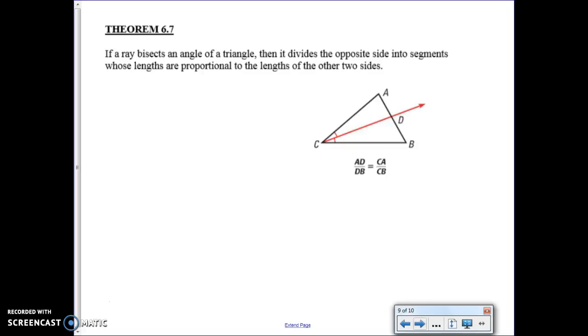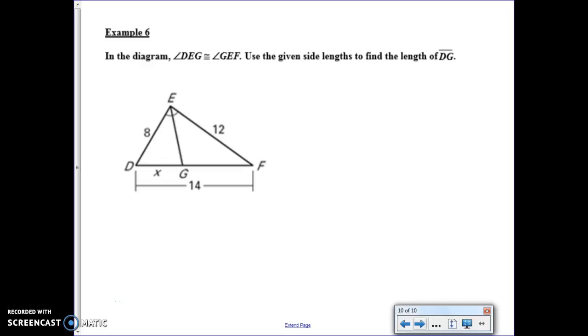If you look at the picture, it says AD over DB is going to have the same scale factor as CA over CB. So the two end pieces will be proportional to the two side pieces.